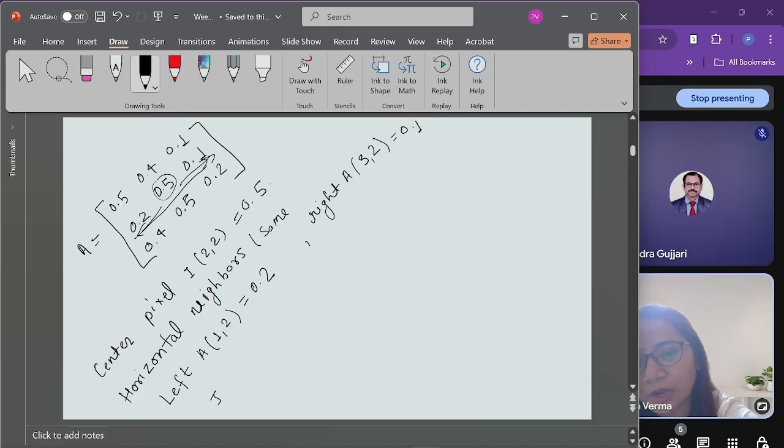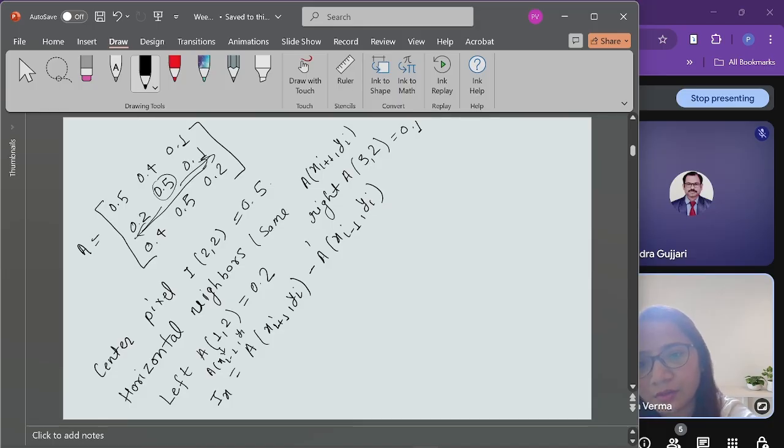So we have to calculate for Ix first. What is our formula? A of xi plus 1, yi minus A of xi minus 1, yi, right? This one is A of xi plus 1, yi, and this one is A of xi minus 1, yi.